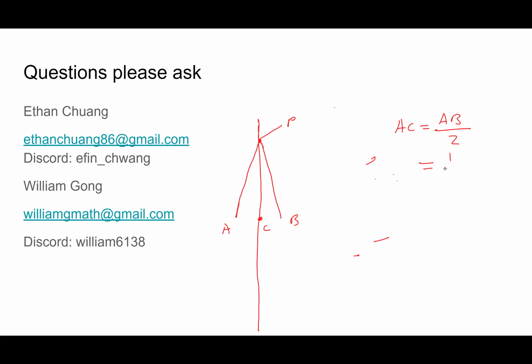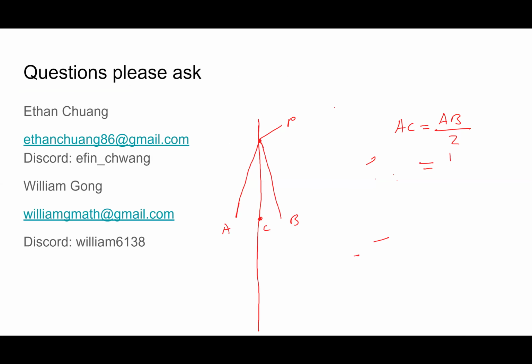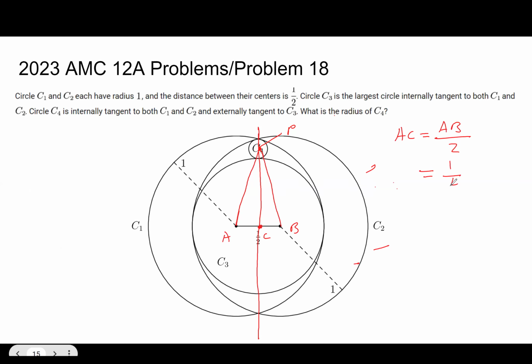Okay, so that'll be 1/4. Now, what about the length AP?